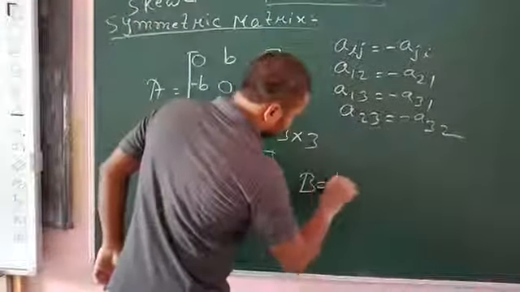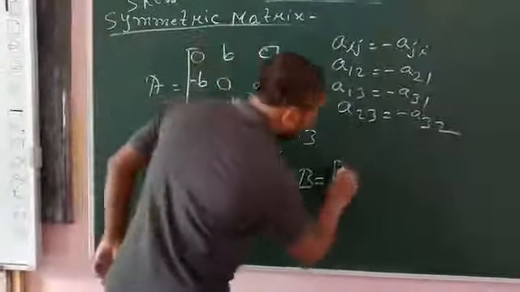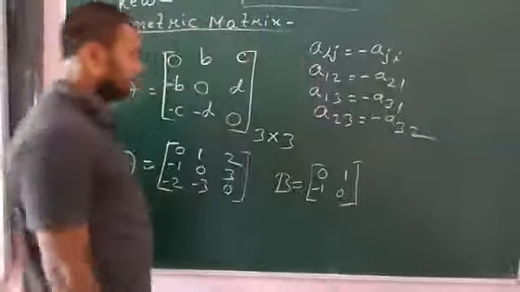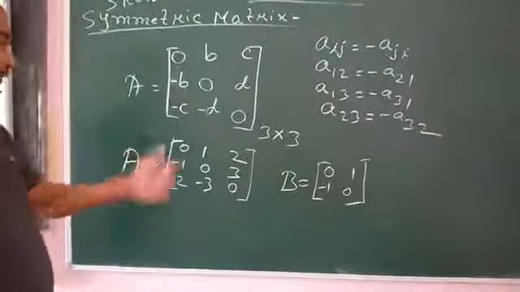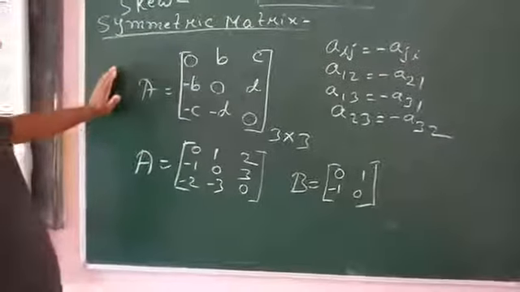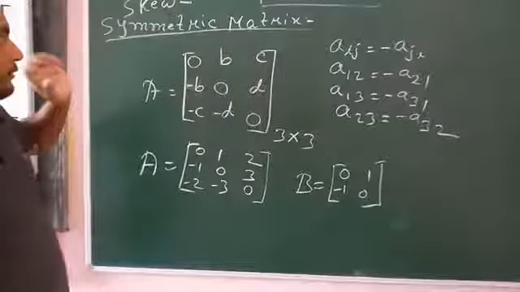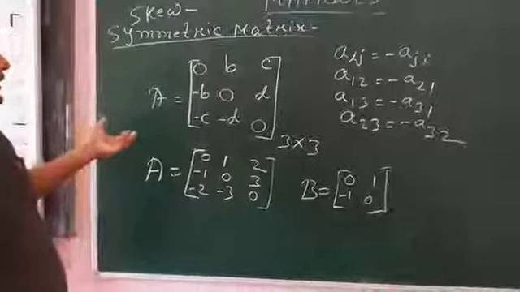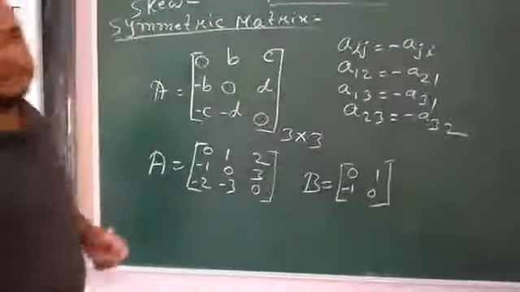Suppose a skew symmetric matrix of order 2: 0, 1, minus 1, 0. So you should know what a skew symmetric matrix is and how to construct one.